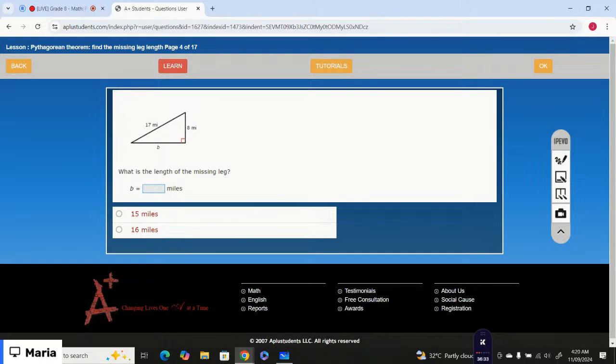What is the length of the missing leg? Which is the correct option? The correct option is 15 miles. Option number 1 is the correct option. That is 15 miles.